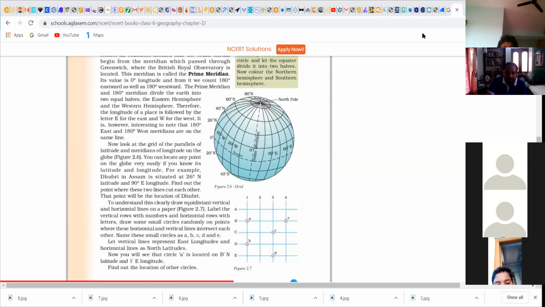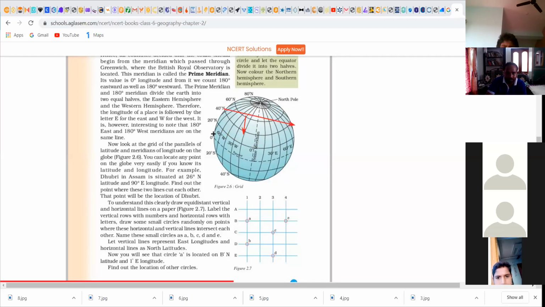These are the latitudes, like this. When compared to this one and this one, if you see the distance from this latitude to this latitude, this latitude is very far away, so the distance is very high.